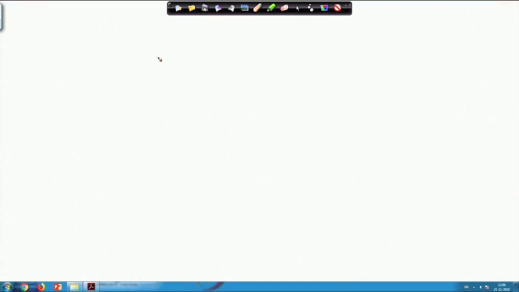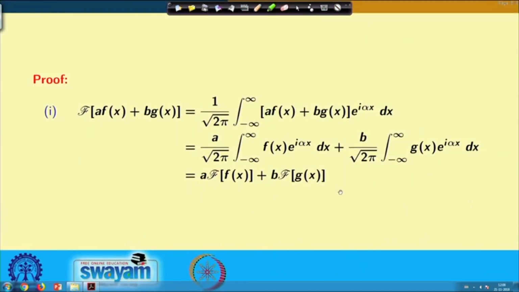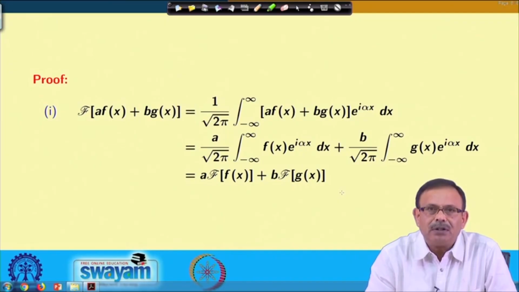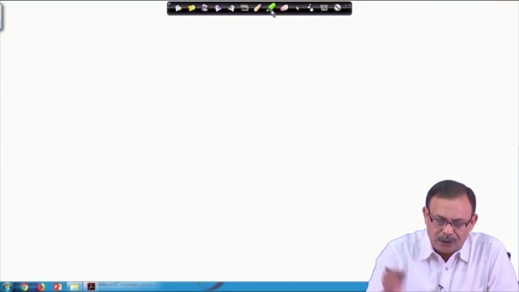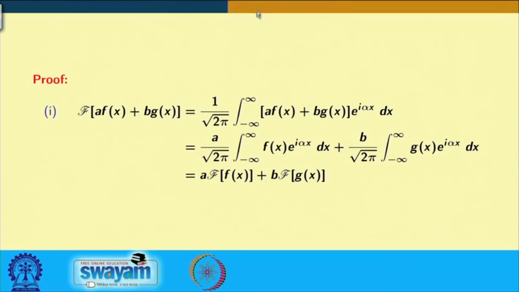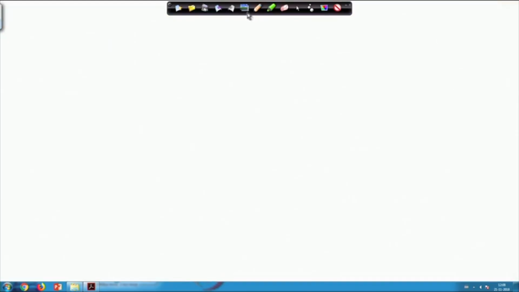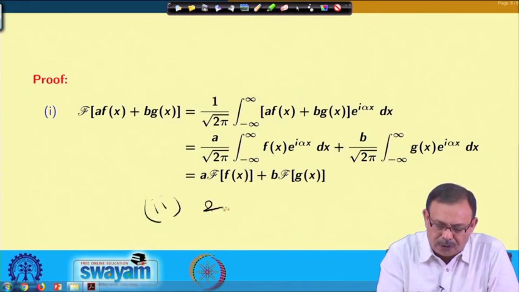On the same way, once we have done this, I can tell that similarly we can prove the 2 and 3 also in the same way.